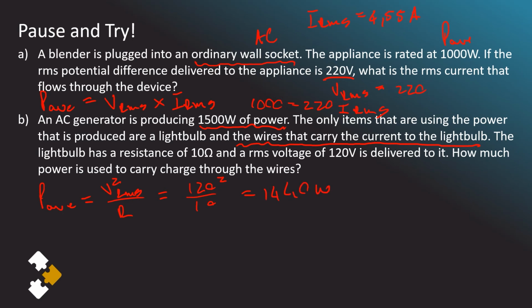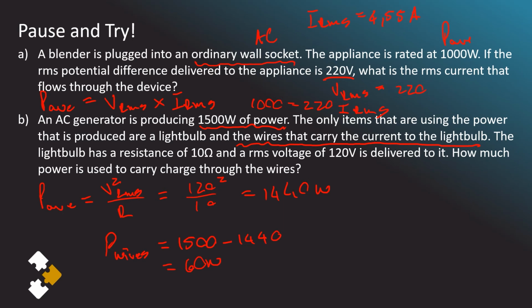Okay, so this means that the light bulb is using 1,440 watts of that power, which means that P wires must be the 1,500 that's being supplied minus the 1,440 that the light bulb is using, and that's going to be 60 watts.